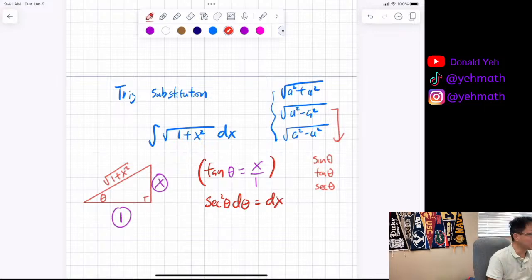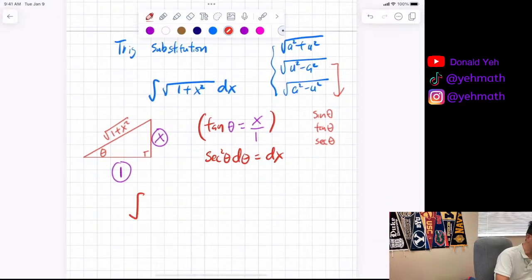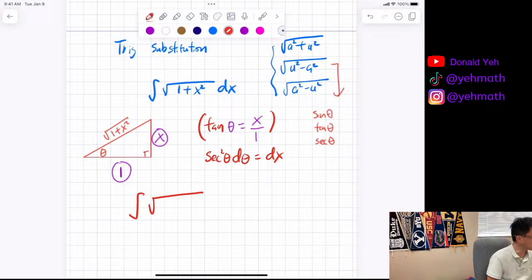Everything needs to be in terms of theta rather than x. Everything you can think of. Can you do that? So square root of 1 plus what? Well, it's not x.